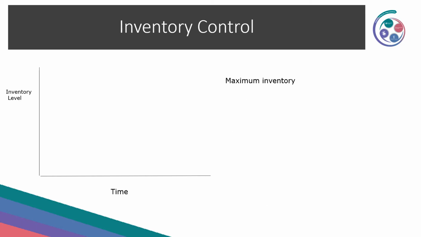Now, the first thing that we want to do is set what's called a maximum inventory. Now, a maximum inventory is the highest level of stock that you should hold on to with minimizing costs. So obviously, the more stock that you hold on to, the more that you're going to have to pay for storage, you're going to have to pay for security, you're going to have to pay for insurance.